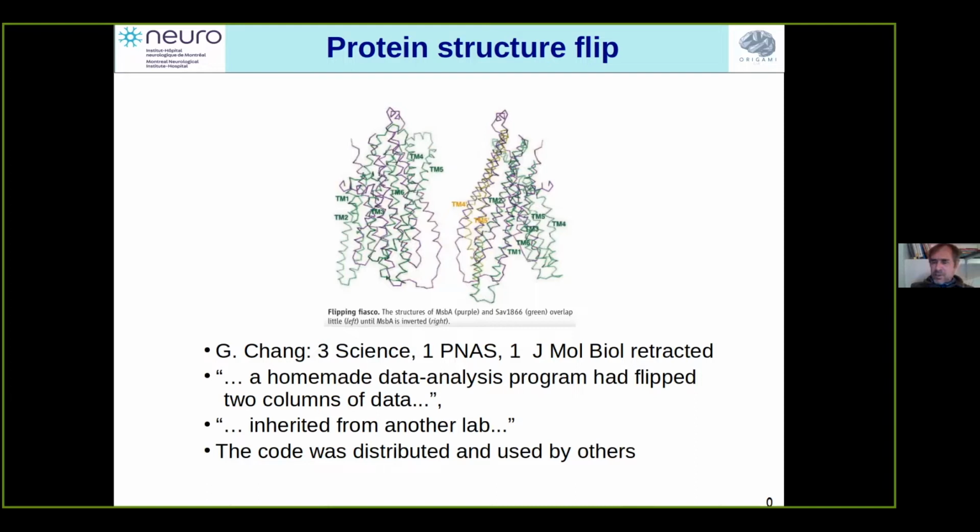This is the story of a probably very good researcher, I mean, most likely a very good researcher publishing in Science, PNAS, and all those high-profile journals, working in crystallography, and he was using a specific program that was given to him by a lab that had done really good publications as well, until someone realized that this program had a minus one somewhere in the code that shouldn't be there, and that all the structures of the proteins were actually flipped, mirrored, and therefore he had to retract all those big papers.